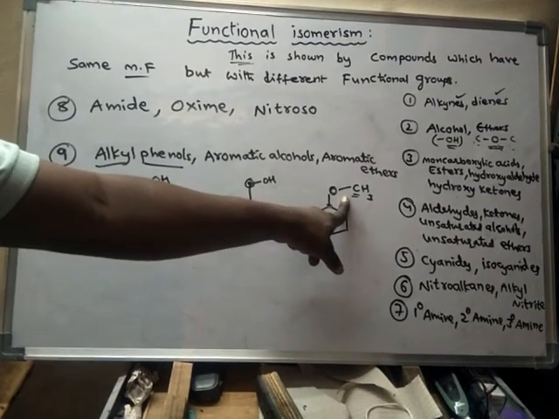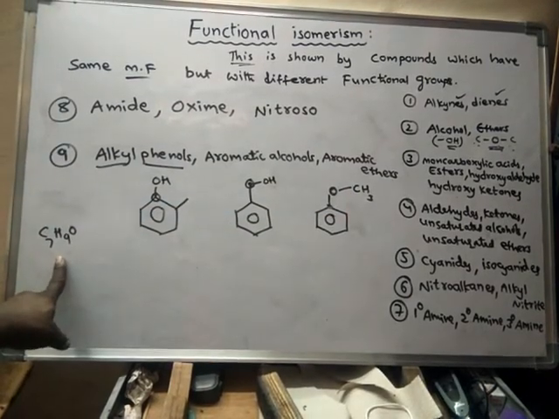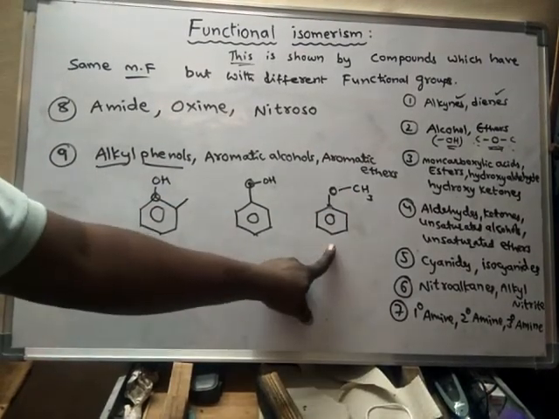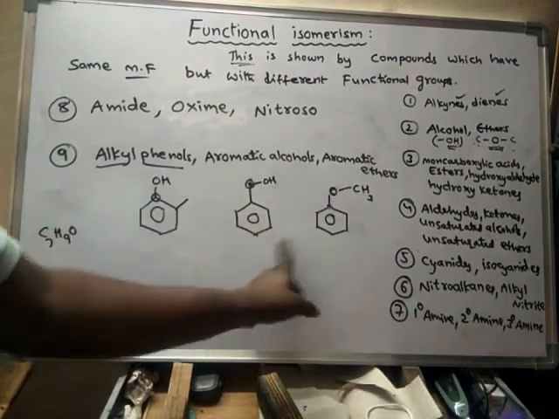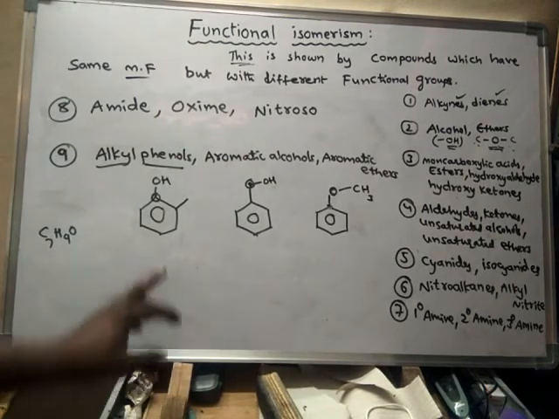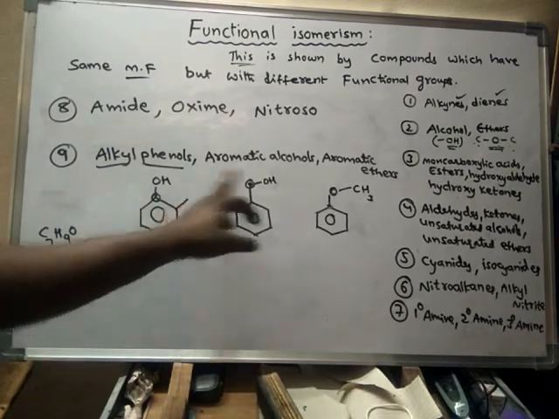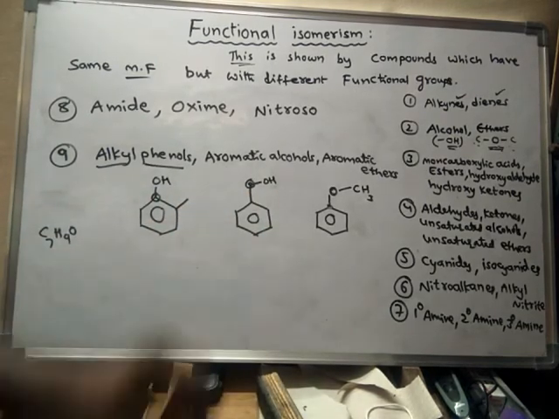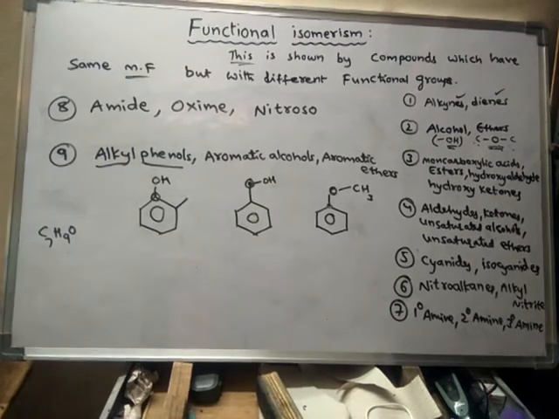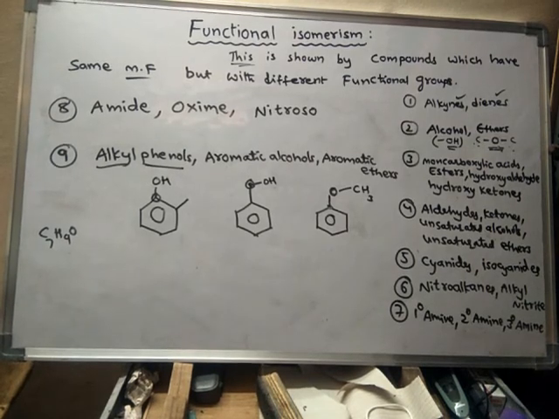This compound also has the same molecular formula with a different functional group, so these are functional isomers to each other. Even these two are functional isomers. Don't think that these two are not functional isomers; though they have OH groups in both cases, their behavior is different. This is how functional isomerism can be discussed. We will discuss the other types of isomerism in the next class.